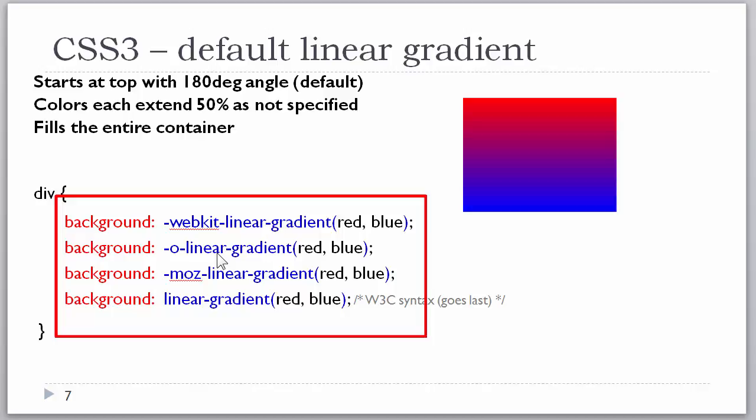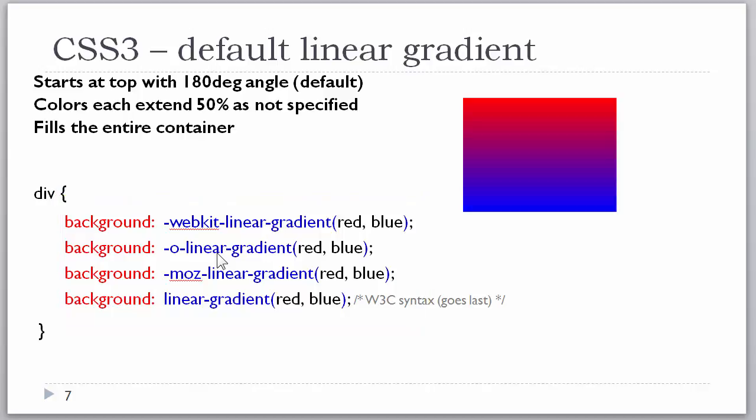When you use vendor prefixes, please make sure that the W3C syntax always goes last, because remember, the browser reads from top down, and with respect to the order of precedence, the last one will apply. So you want to make sure that the W3C syntax is the last one it reads so that it will apply it correctly.